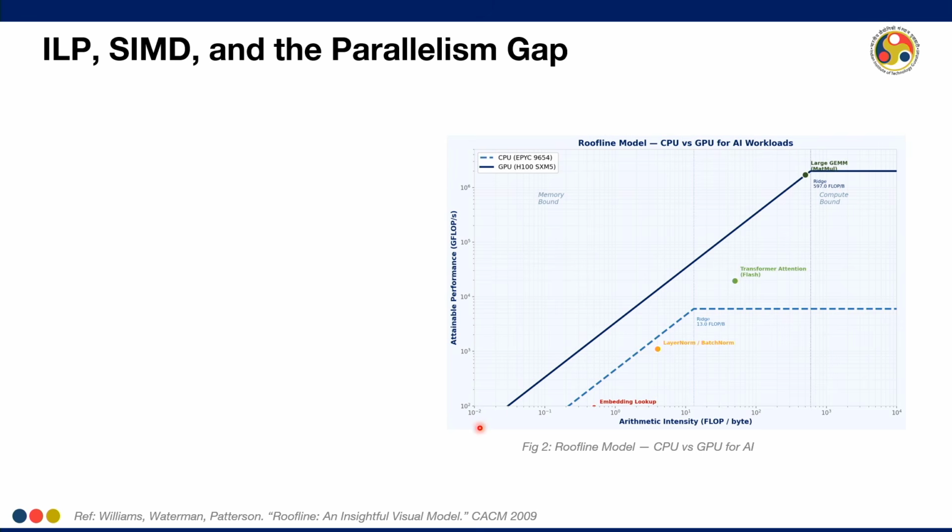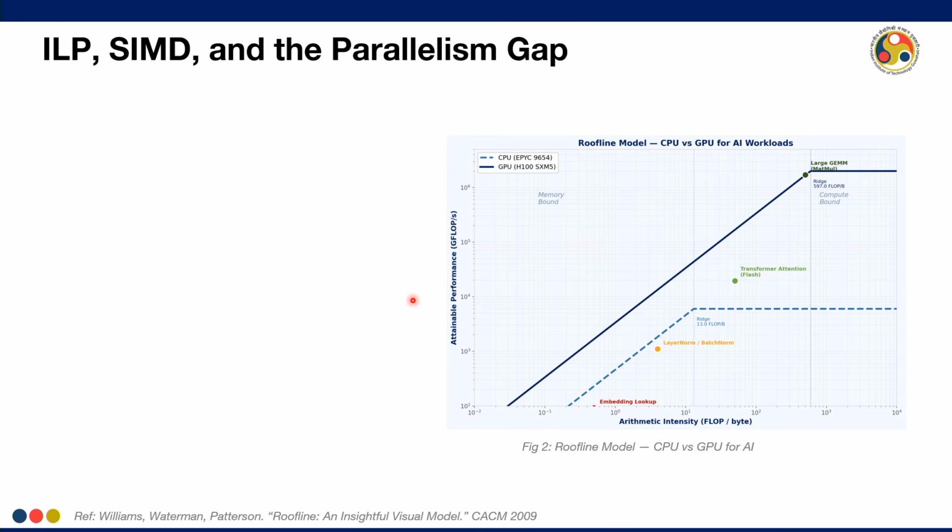The x-axis represents the arithmetic intensity, the ratio of performance to memory bandwidth. That means how many operations we are doing per byte of data that we are loading from memory. The y-axis represents the attainable performance, in gigaflops per second, which you can also talk about in terms of throughput.